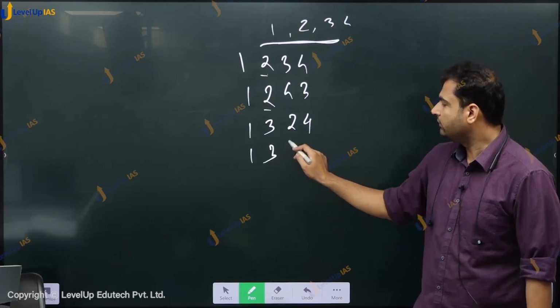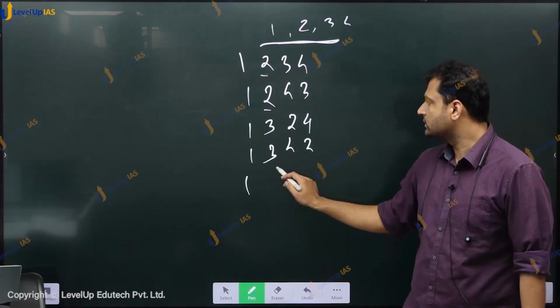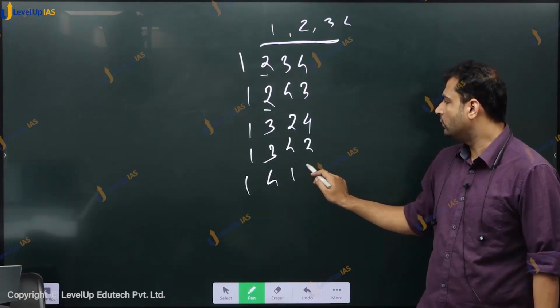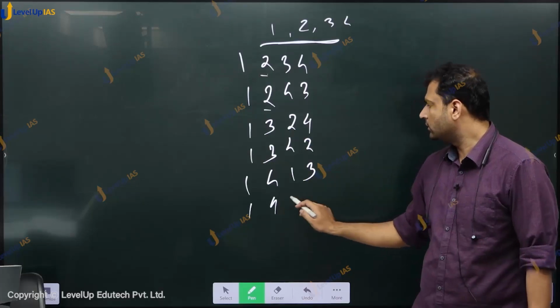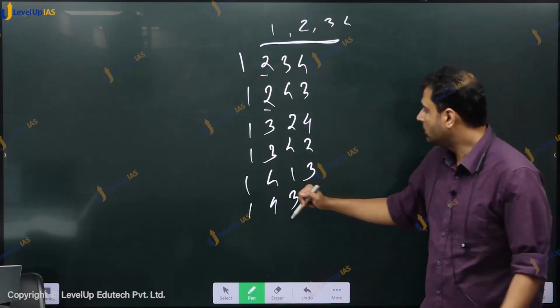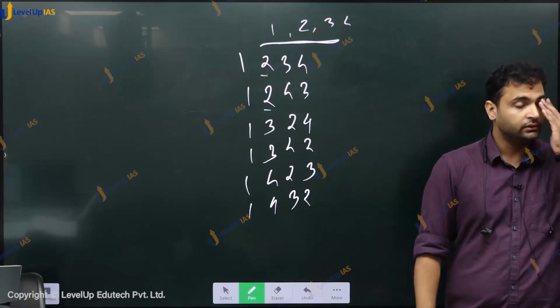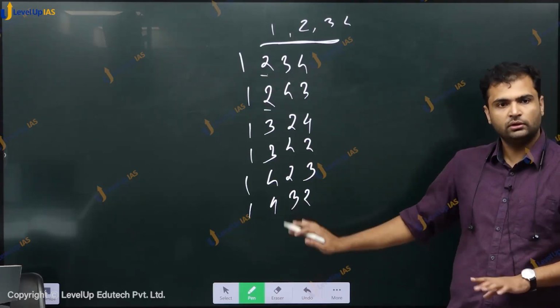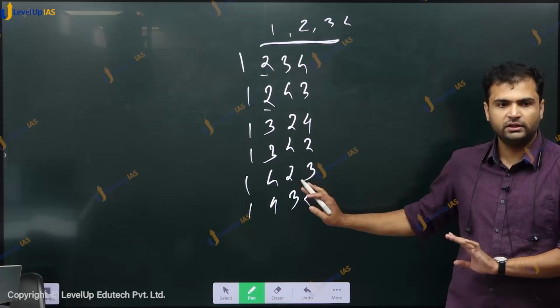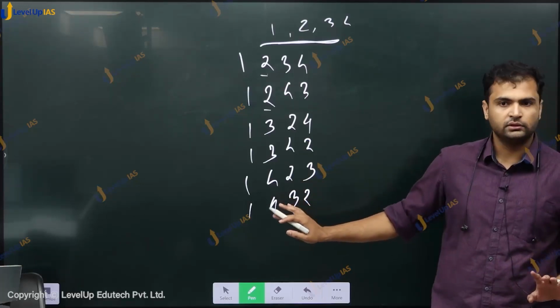We fix 3 here, we write 4 2. Then we fix 4 here, right? 1 4, we write 3 2 and 2 3. These are all the possible numbers. Over, that is all. इतना ही है possibilities, right?